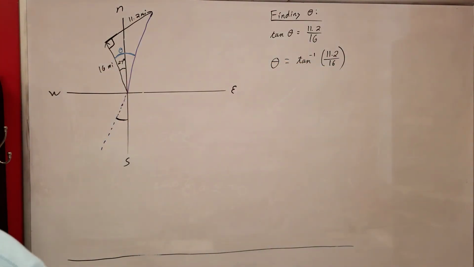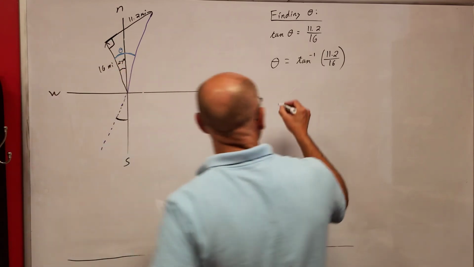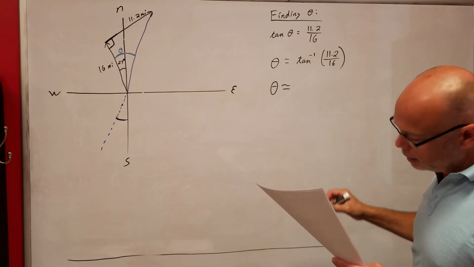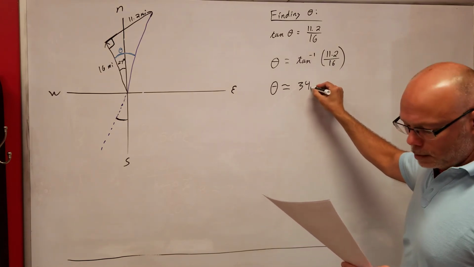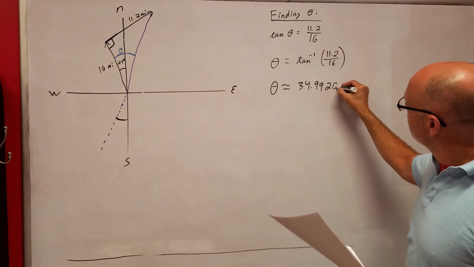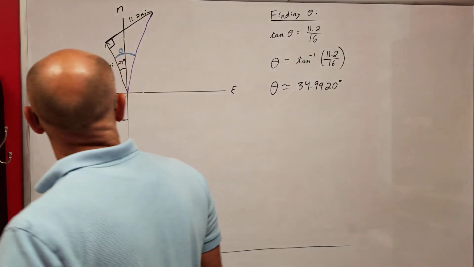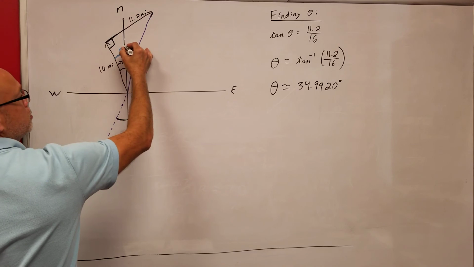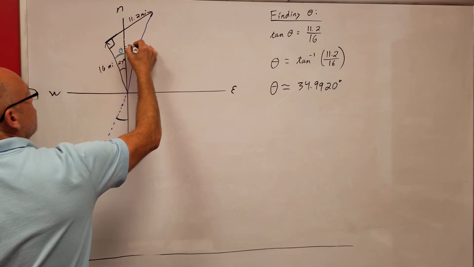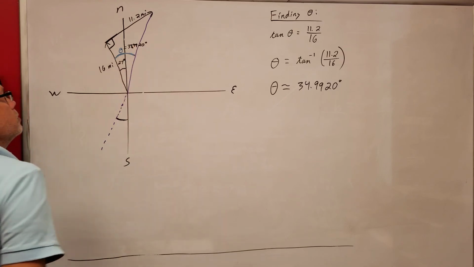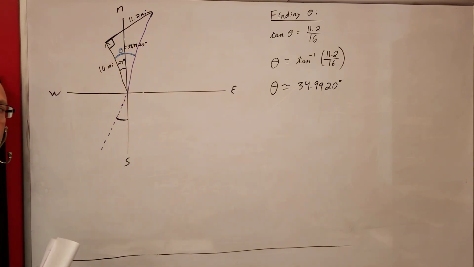I don't want to bore y'all with punching stuff in the calculator, but I'll get 34.9920 degrees. So theta is 34.9920 degrees.